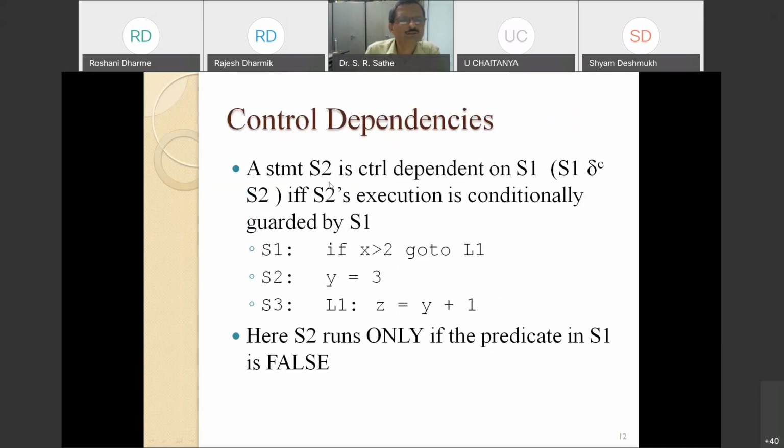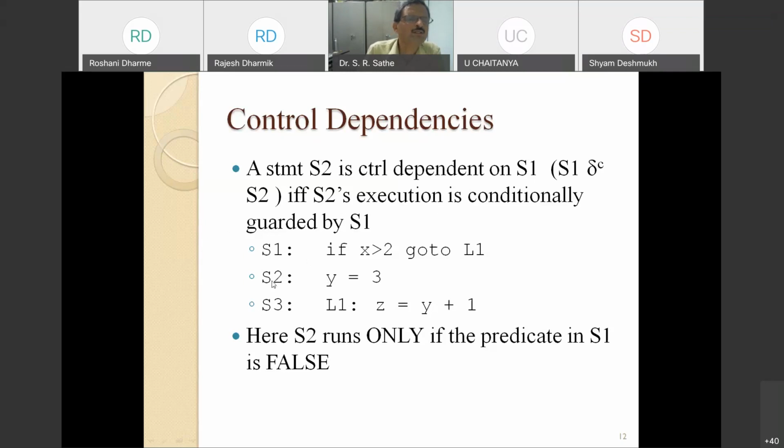A statement S2 is control dependent on S1, that is, we write S1 delta C S2, read as S2 is dependent on S1, not S1 dependent on S2, if and only if S2's execution is conditionally guarded by S1. For example, S1: if X greater than 2, go to L1. L1 is at S3, and S2 is Y equal to 3.